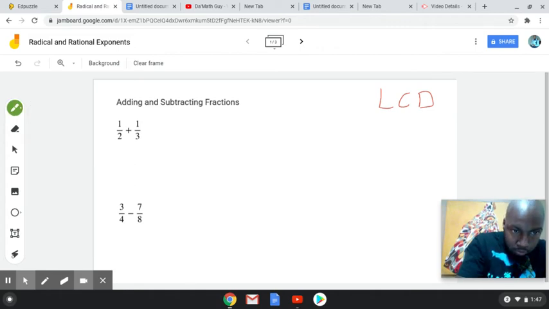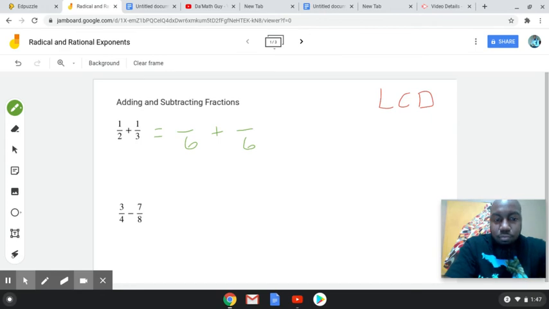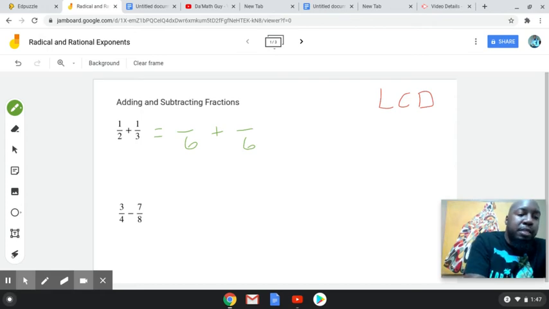So I'm going to change that to a 6, plus that one to a 6. What did I multiply the 2 by in order to make that a 6? You guessed it, I multiplied that one by a 3. And whatever I do to the bottom, I must also do to the top.